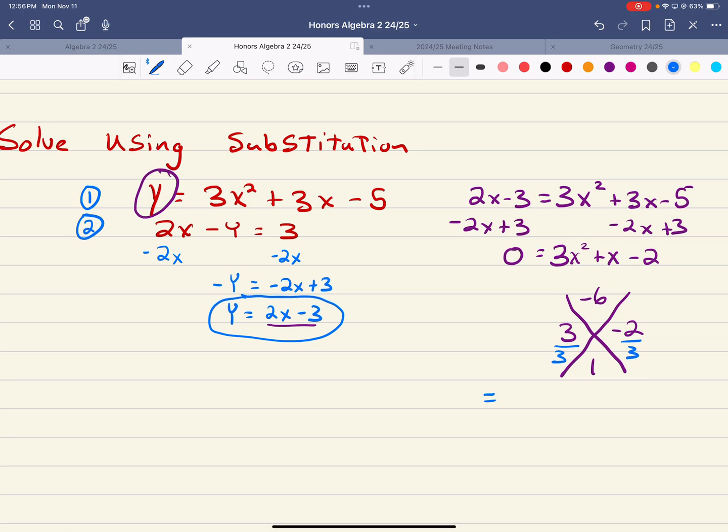If I factored it, that would be x plus 1 and 3x minus 2. Now I use the zero product property, so we get solutions of negative 1 and 2/3.